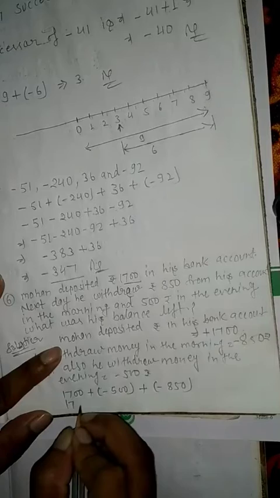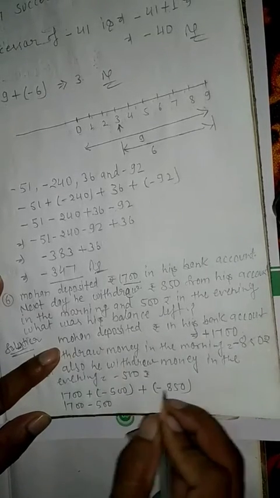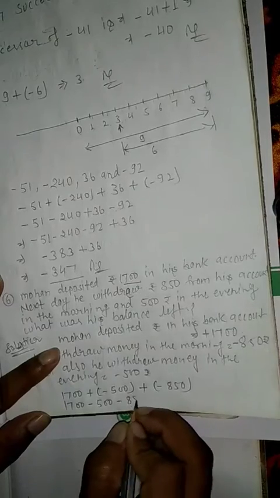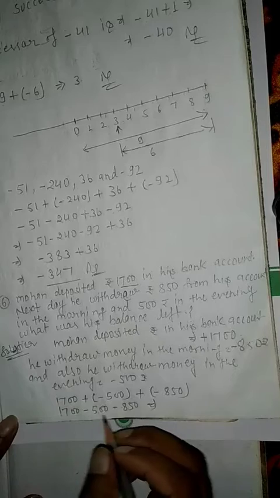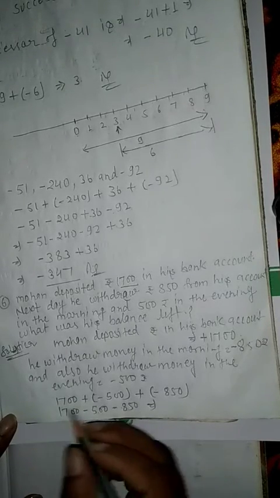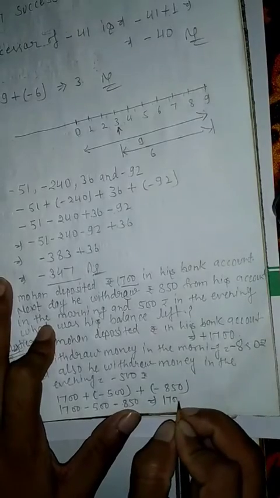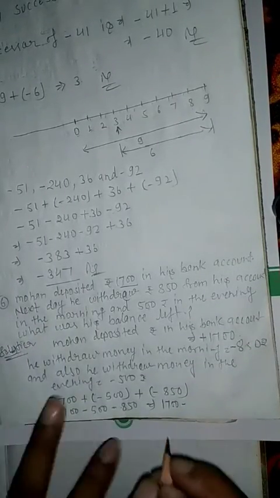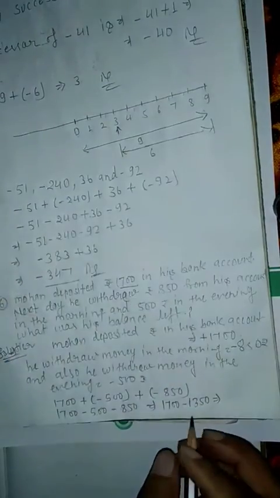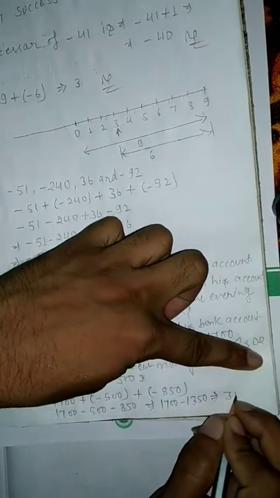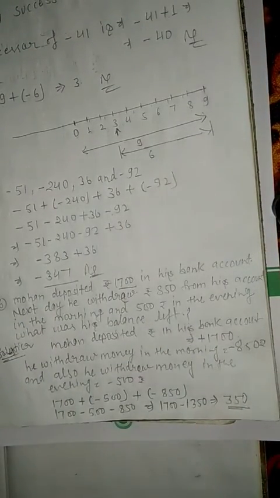Plus minus is converted to minus, so minus 500 and minus 850. First we separate the values, positive on one side and negative on the other. 5 8 13, so 1315. Then separating the values, what balance is left in his account? 350 rupees are left in his bank account.